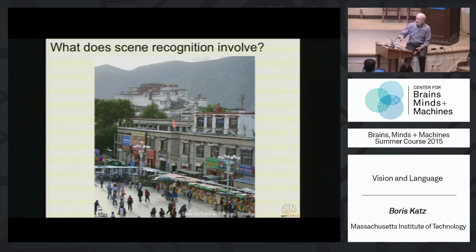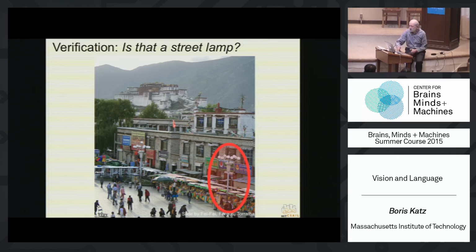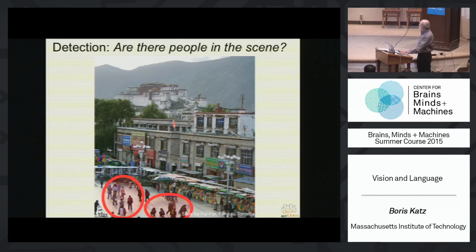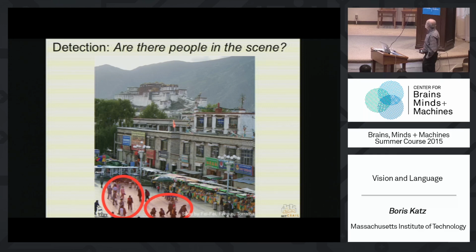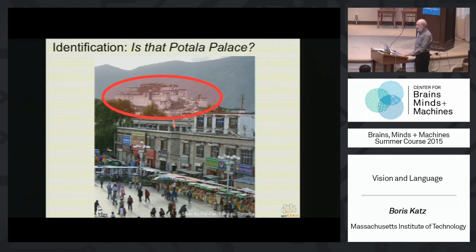What does scene recognition involve? Well, in order to recognize a scene, a machine needs to do some type of verification. Is that a street lamp? It needs to do detection. Are there people in the scene? It needs to do identification.